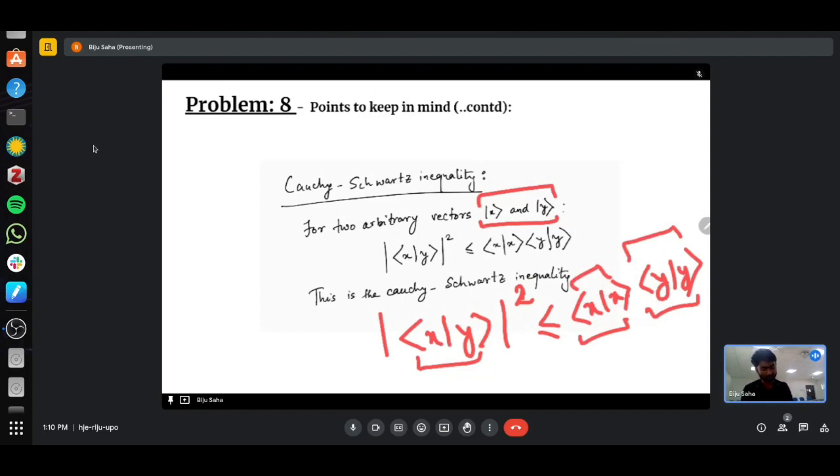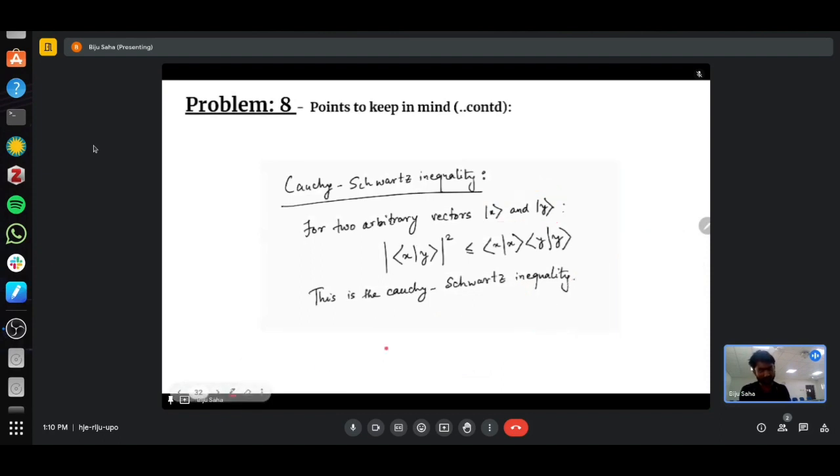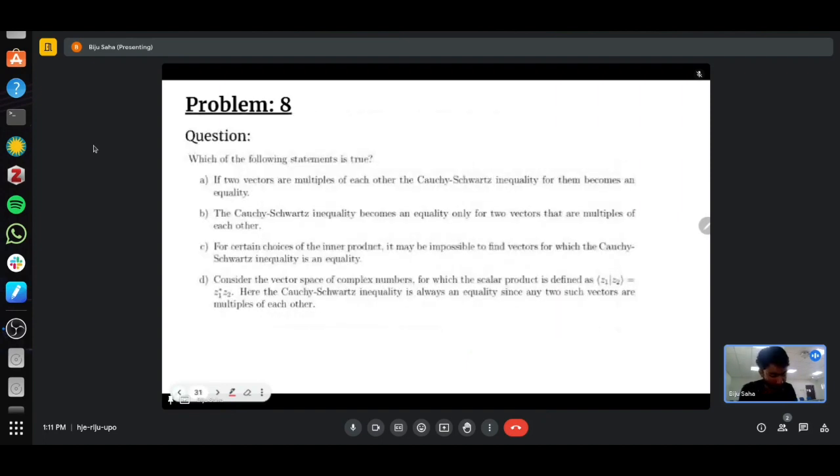What we have to show is, suppose the two vectors in question are multiples of each other. Does the Cauchy-Schwarz inequality reduce to an equality, or what happens if they are multiples of each other?